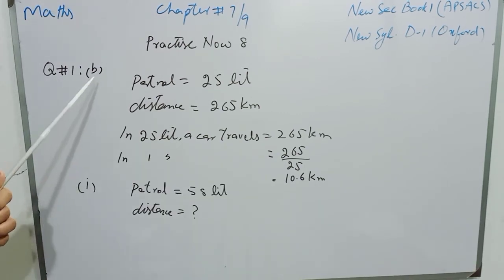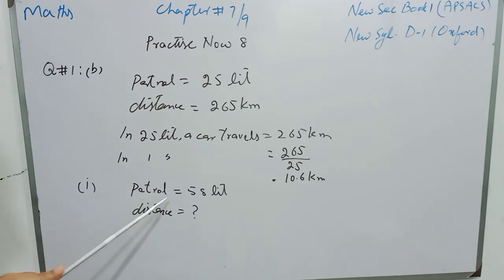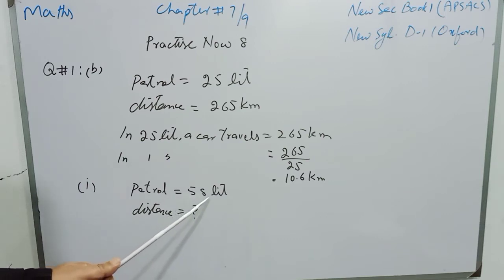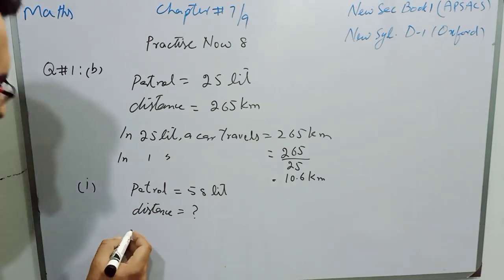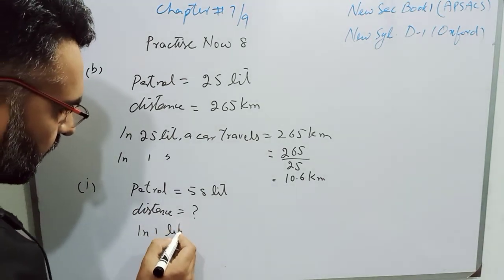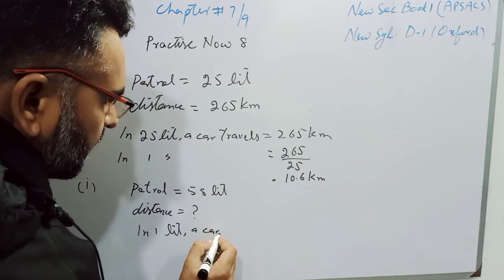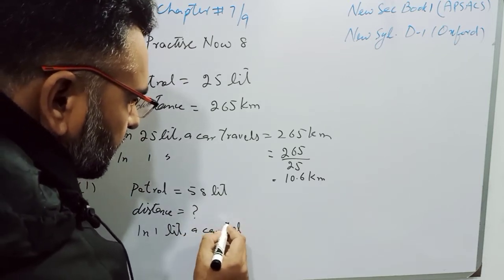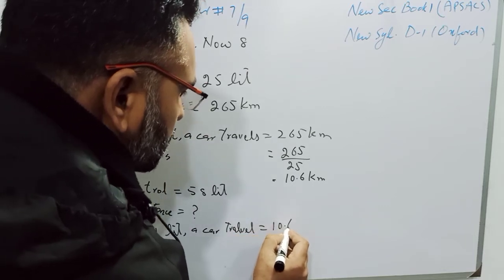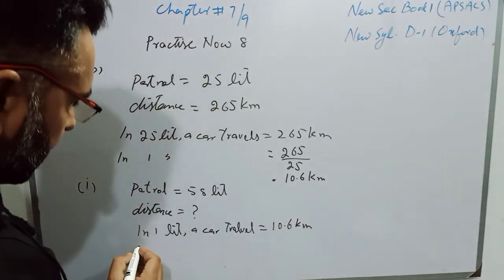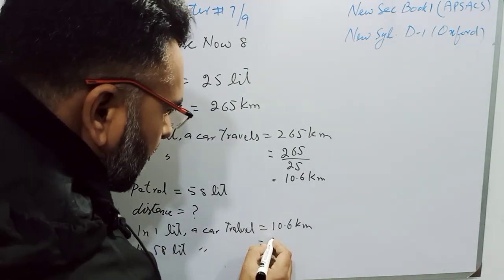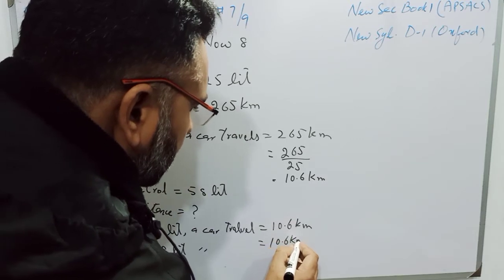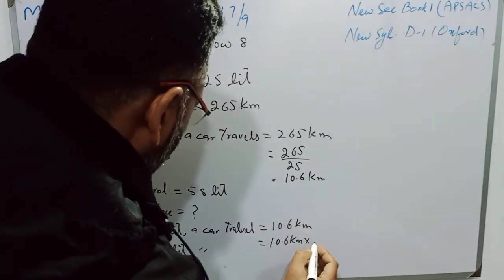Students, the first part of B part is there are 58 liters of petrol, and we have to find the distance traveled in 58 liters. So students, in 1 liter a car travels 10.6 kilometers. So in 58 liters the car will travel 10.6 kilometers multiplied by 58.